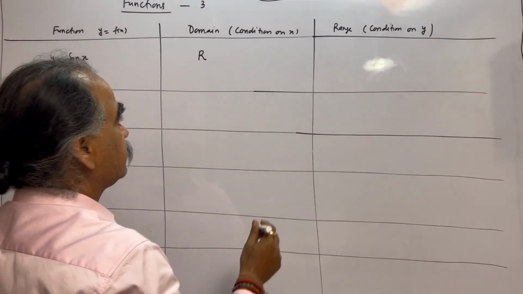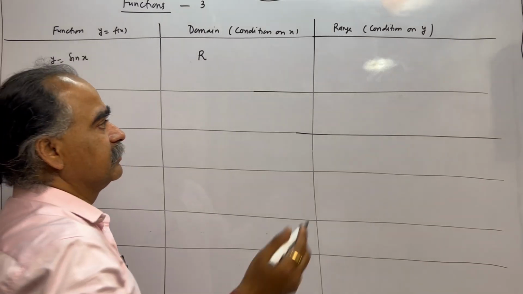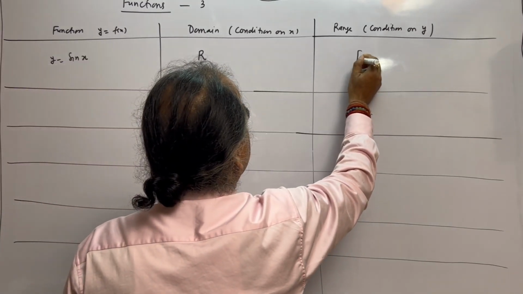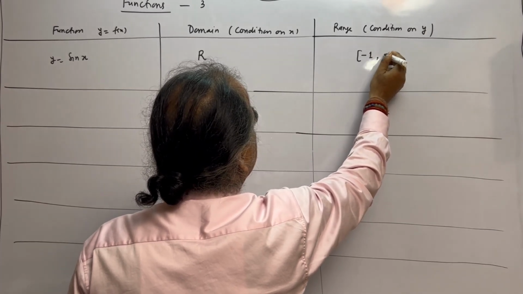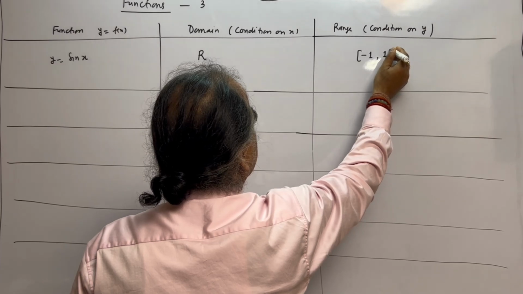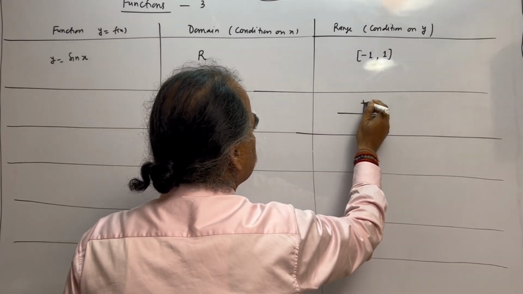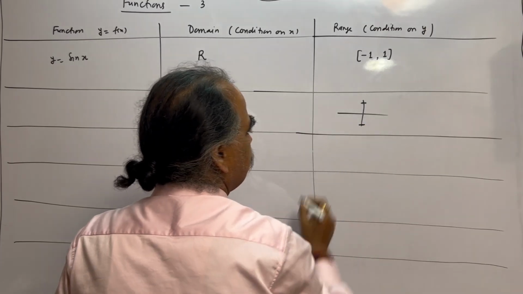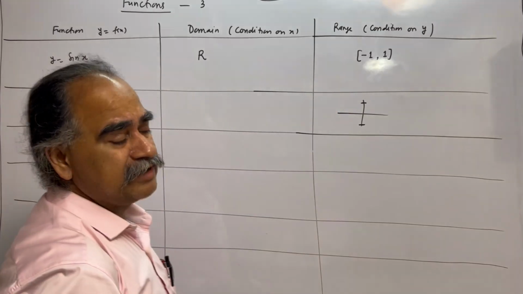And range is what? You know the value of sine is between -1 and +1. So range will be the closed interval -1 to +1. When we draw the graph, the maximum value of sine is +1 and the minimum value is -1. So it is between -1 and +1.